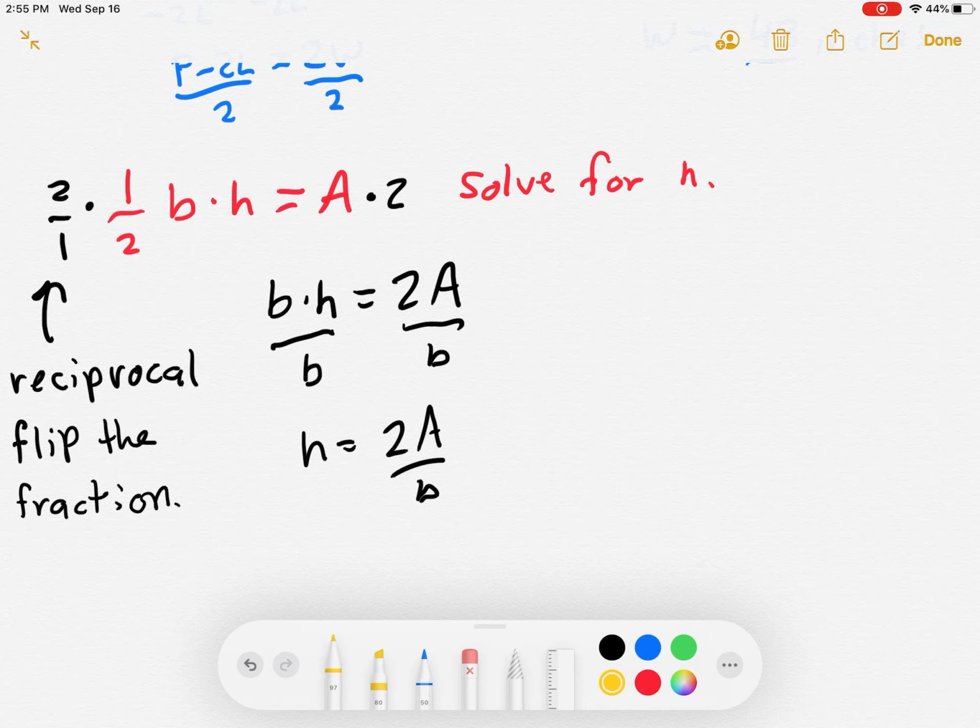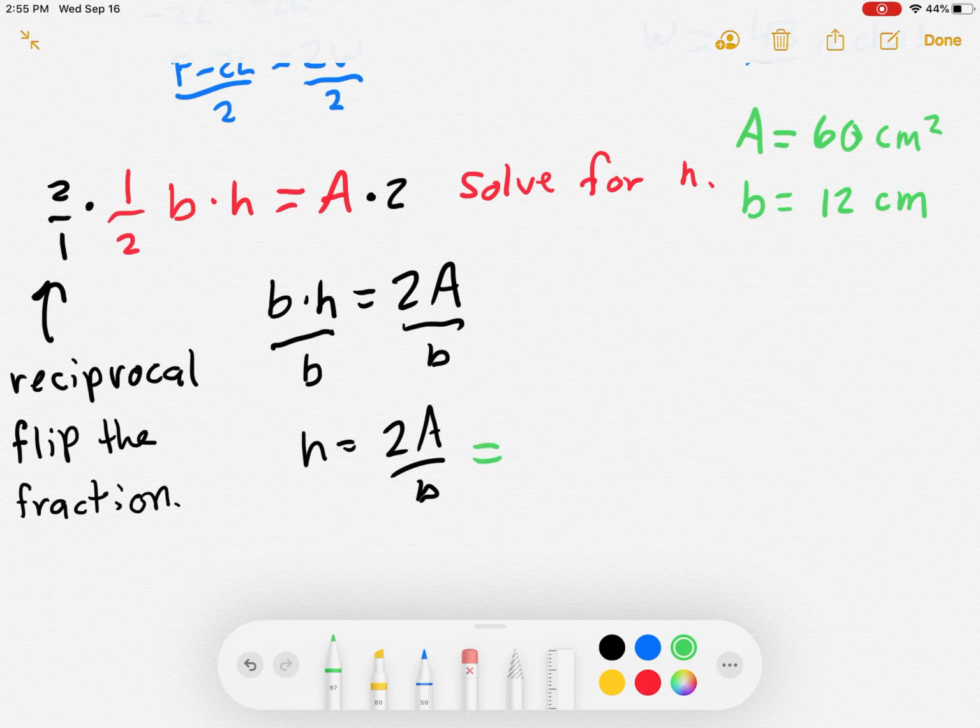Now, a problem like this is probably going to give us some numbers to use. So in this case, let's say that the area is 60 centimeters squared, and the base is 12 centimeters. So then we just plug in our values.